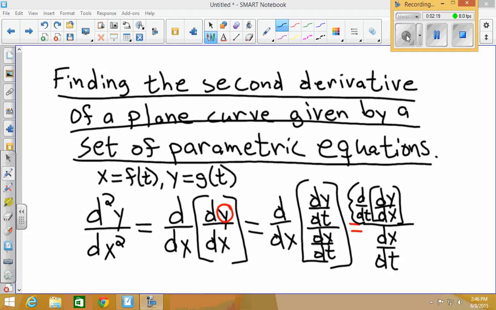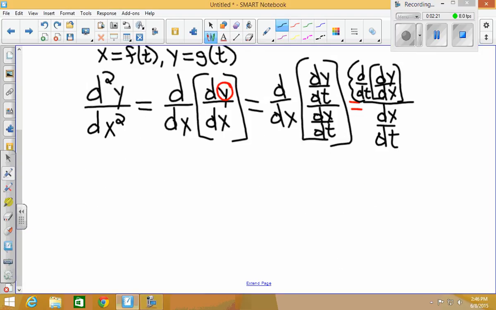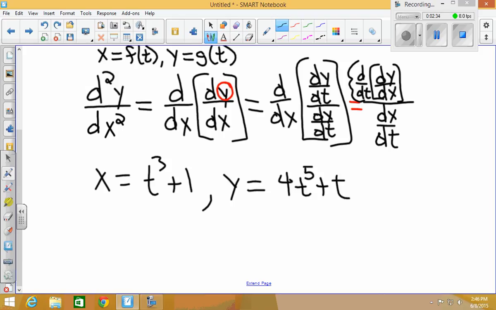So quickly, for an example, if we say x is equal to t cubed plus 1, and y is equal to 4t to the fifth plus t, the first derivative, dy dx, is equal to dy dt divided by dx dt.